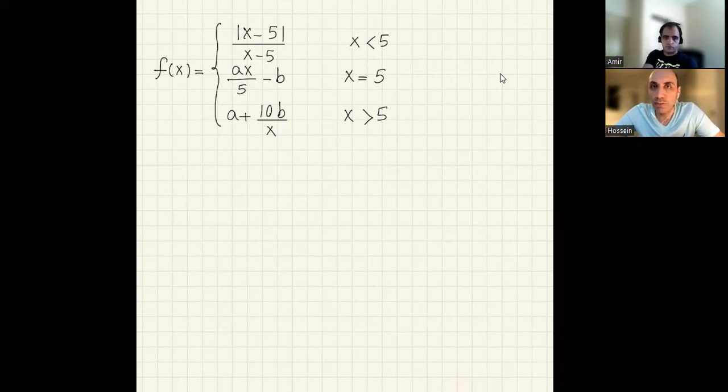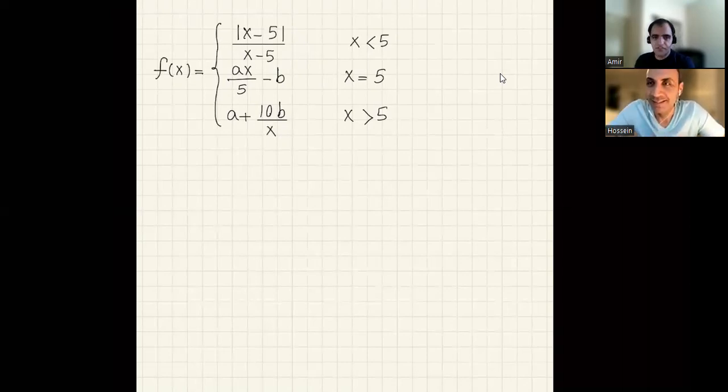At x equal 5, the function is a times x divided by 5 minus b. And for x values greater than 5, the function is defined as a plus 10b divided by x. In this problem, you're going to find a and b. These are two unknowns. You're going to find these values in such a way that the function is continuous at x equal 5. So the floor is yours.